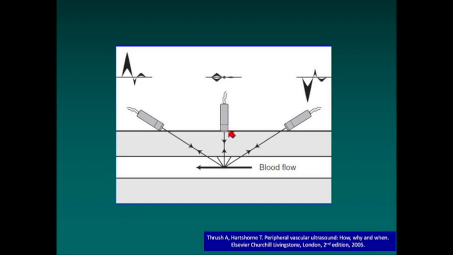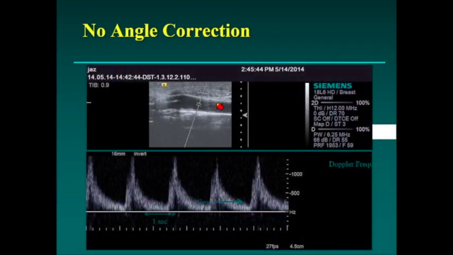One, the machine doesn't know whether the blood flow is going towards or away from it, and so it will represent it on both sides. And secondly, remember that there is spread of the beam on both sides. So it is picking up some blood elements that are coming towards it, some that are leaving away from it. So if you get this diamond-shaped waveform, you know you've got an angle problem. So keep that in mind.